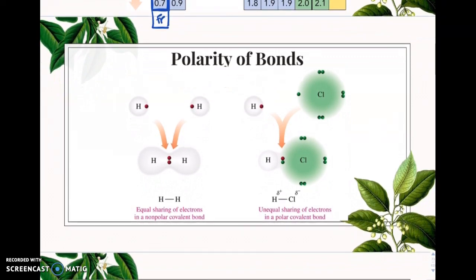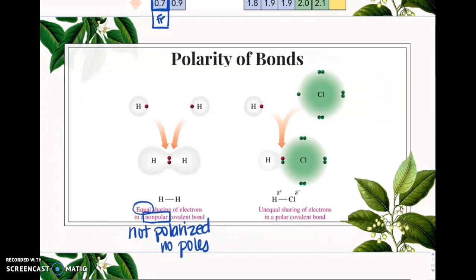So if you have something that is nonpolar, okay, so does not have poles, it is not polarizing, and no poles, so no like north and south, positive and negative areas. If you have an equal sharing of electrons, you're going to be nonpolar.